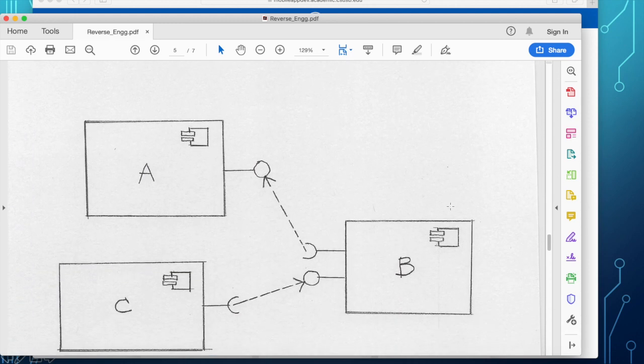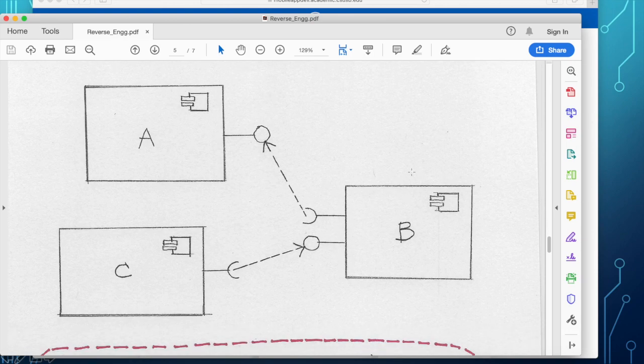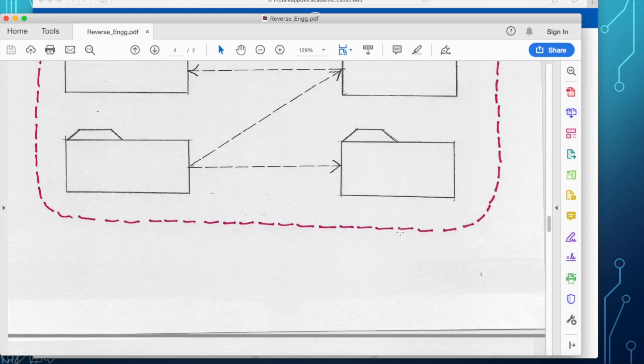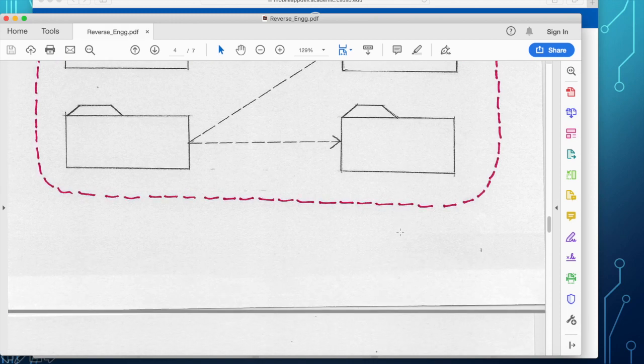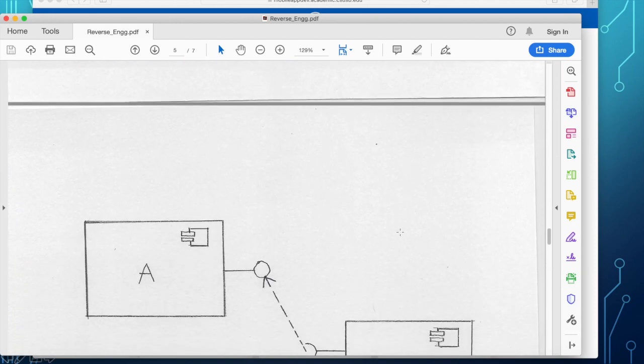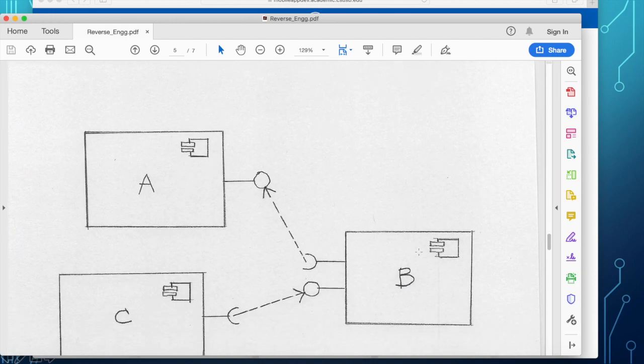Then the next step is to replace those unidirectional arrows into ball and socket. Now remember, a ball means I provide service, and a socket means I need service.